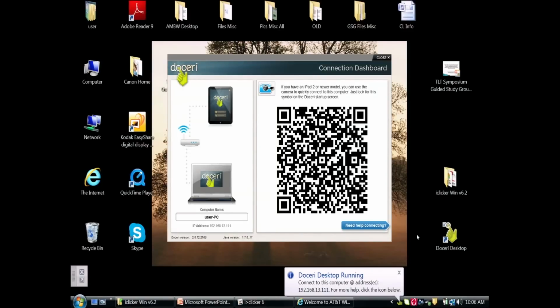Okay, without accessing the slides, because they need that Doceri screen up at least for another minute or two to get online there. The whole premise behind the Guided Study Groups program is to provide an out-of-class academic support program for students who are primarily enrolled in large lecture classes.